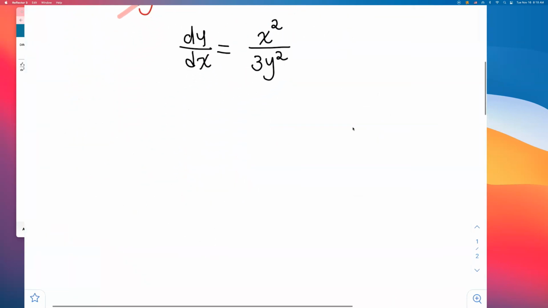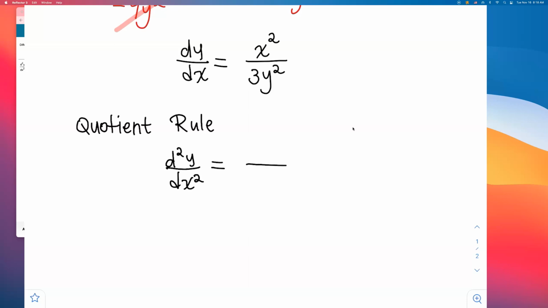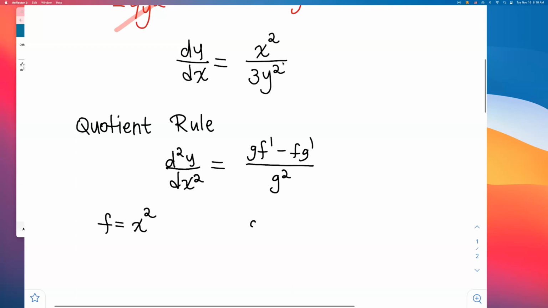Now, if you notice, this is a quotient, so we're going to have to use the quotient rule, which says the derivative is the bottom times f prime minus f times g prime, all over g squared, where f is the function on top, so f is x squared, and g is the function in the bottom.